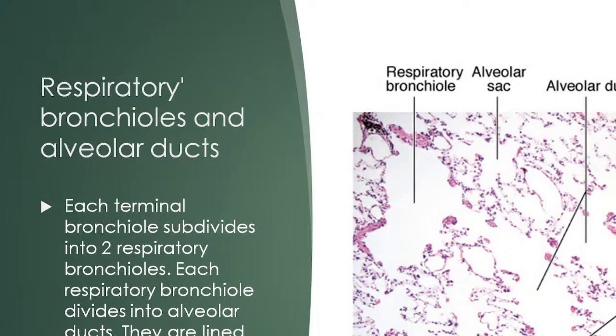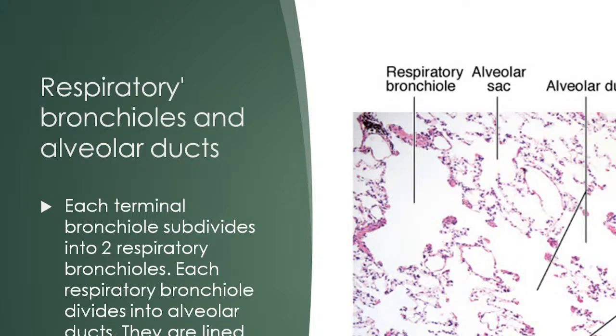Respiratory bronchioles and alveolar ducts. Each terminal bronchiole subdivides into two respiratory bronchioles. Here you can see on this slide how it looks on a microscope slide.